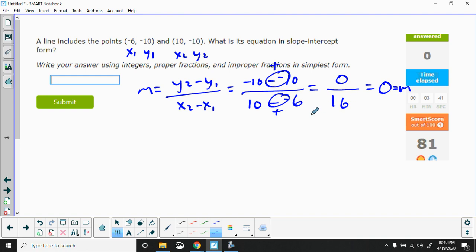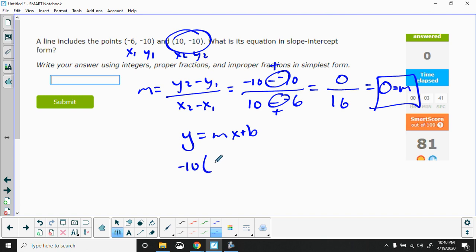Y equals mx plus b. We can pick these. So negative 10. Our slope is 0. Oops, forgot the equal sign. Let me try that again. Alright, so negative 10 for the y. Slope is 0. X is 10 plus b.